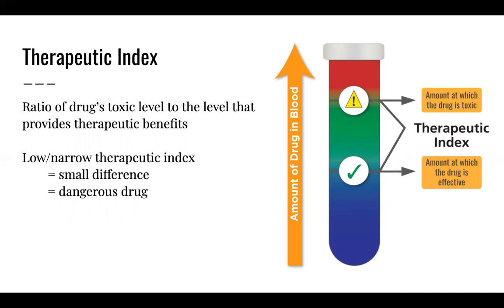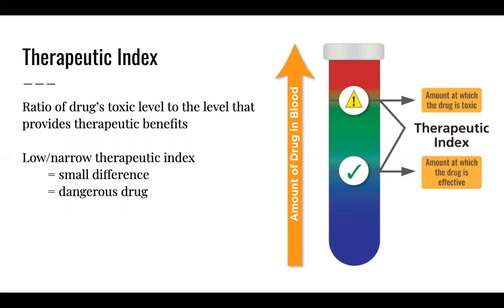The therapeutic index is a ratio of the drug's toxic level to the level that provides therapeutic benefits. So we can see over here, the green check mark is the amount at which the drug is effective, whereas the caution sign is the amount at which the drug is toxic.